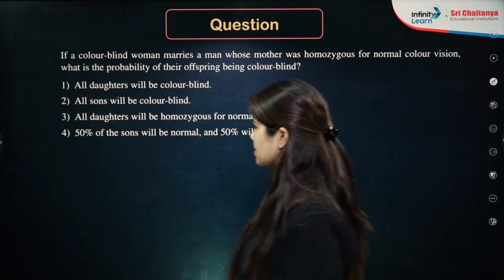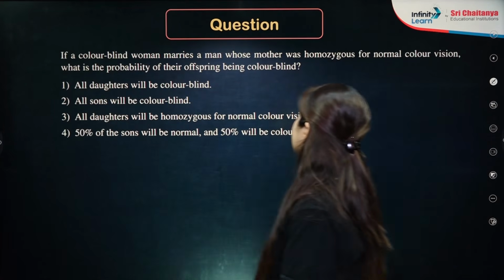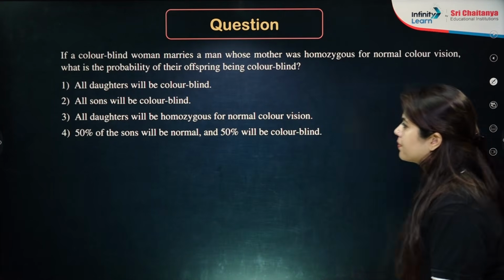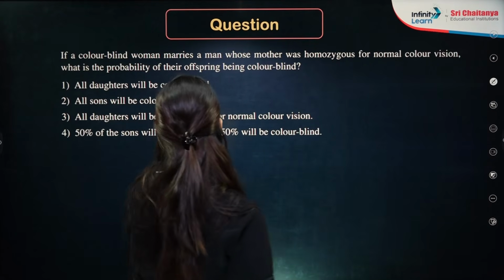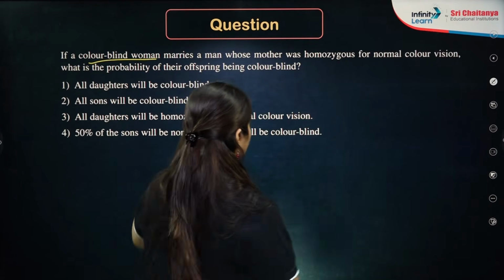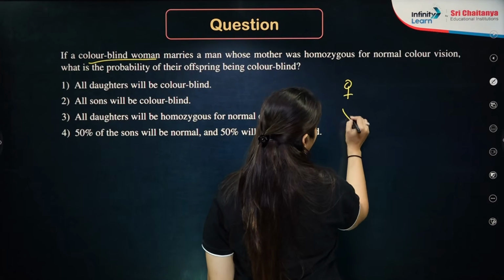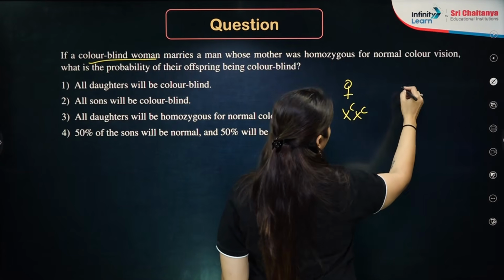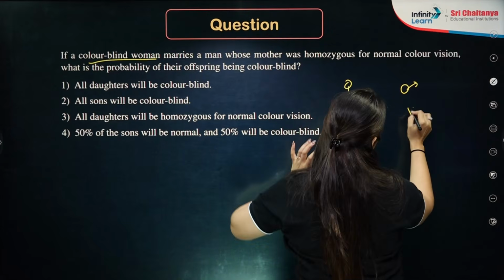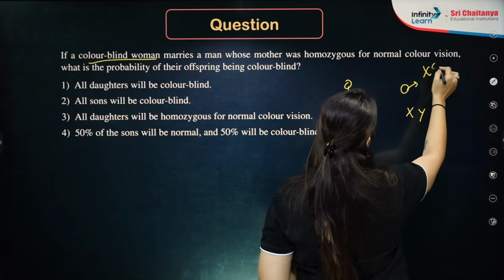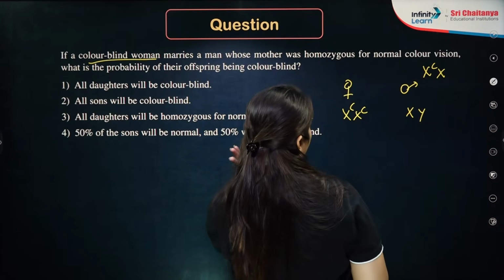Then next question is, if a color-blind woman marries a man whose mother was homozygous for normal color vision. See, color-blind woman, so the female is XcXc, marries a man whose mother was homozygous for the normal.